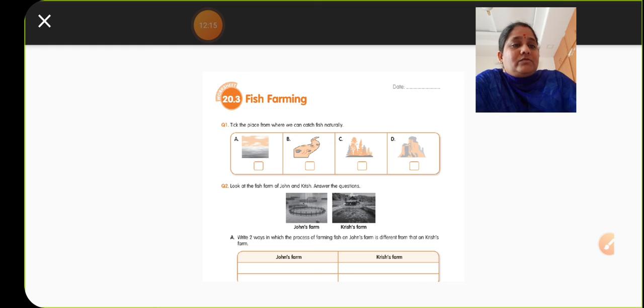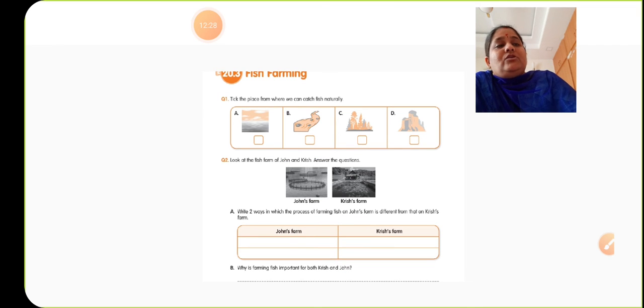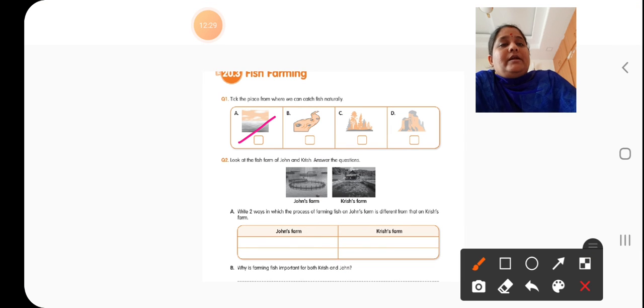The first question is, take the place from where we can catch the fish naturally. Out of these four pictures, A, B, C, D, you are going to take the place from where you catch the fish naturally. Definitely that is the seas and oceans and even the canals. The remaining two are a forest, from where you cannot get fish, from the trees and even from the mountains. So your answer is A and B.